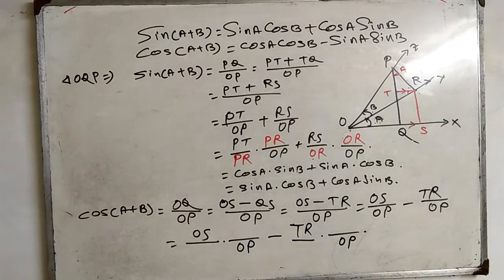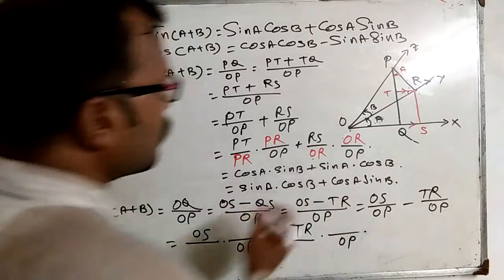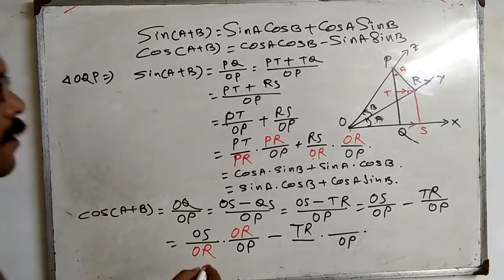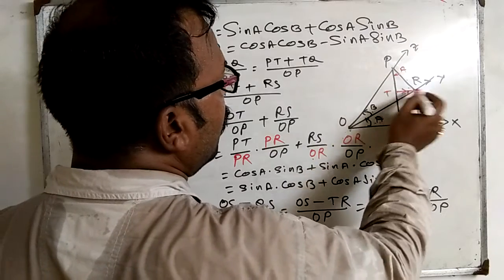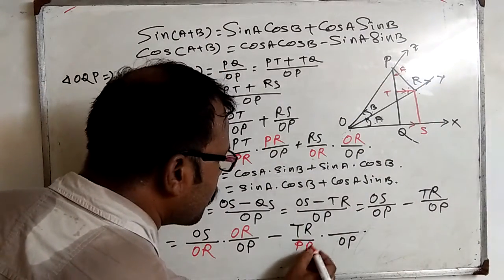OS by OP, we just multiply OR in numerator and denominator, and TR by OP, multiplied in numerator and denominator by PR.